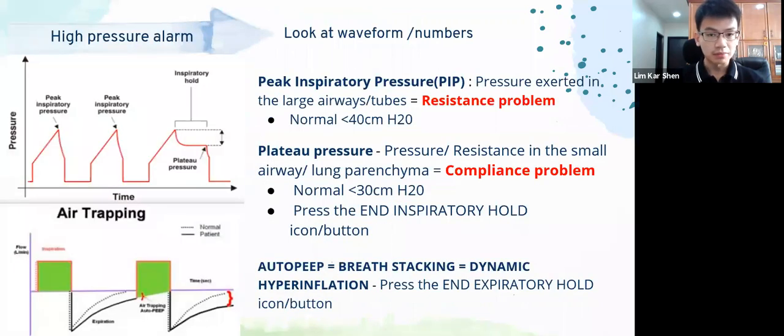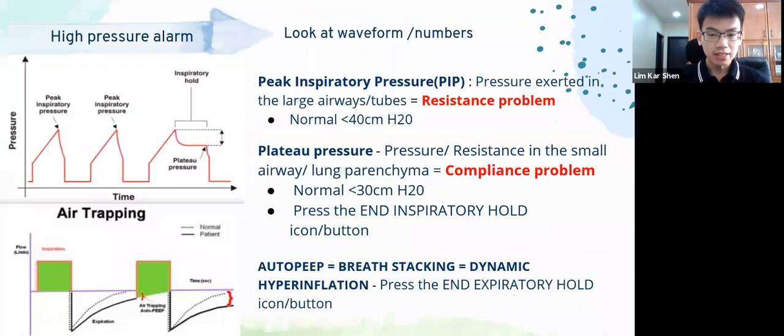High pressure alarm. Always look at the waveform and numbers. Peak pressure, or peak inspiratory pressure (PIP), is the pressure exerted in the large airways or tube. The normal value is less than 40 centimeters of water. Plateau pressure reflects resistance in the small airways or lung parenchyma.